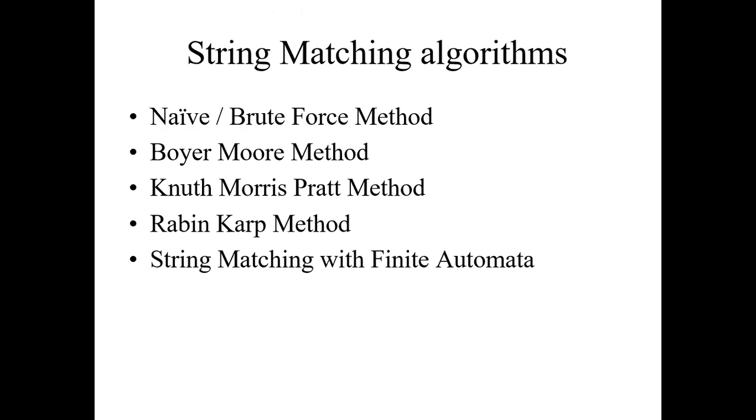Can we skip more intelligently so that we have a lesser number of comparisons? Similarly, we have Rabin-Karp and string matching with finite automata, which cover concepts of TCS. So these two algorithms we see in the next lecture. Today we cover these three algorithms.